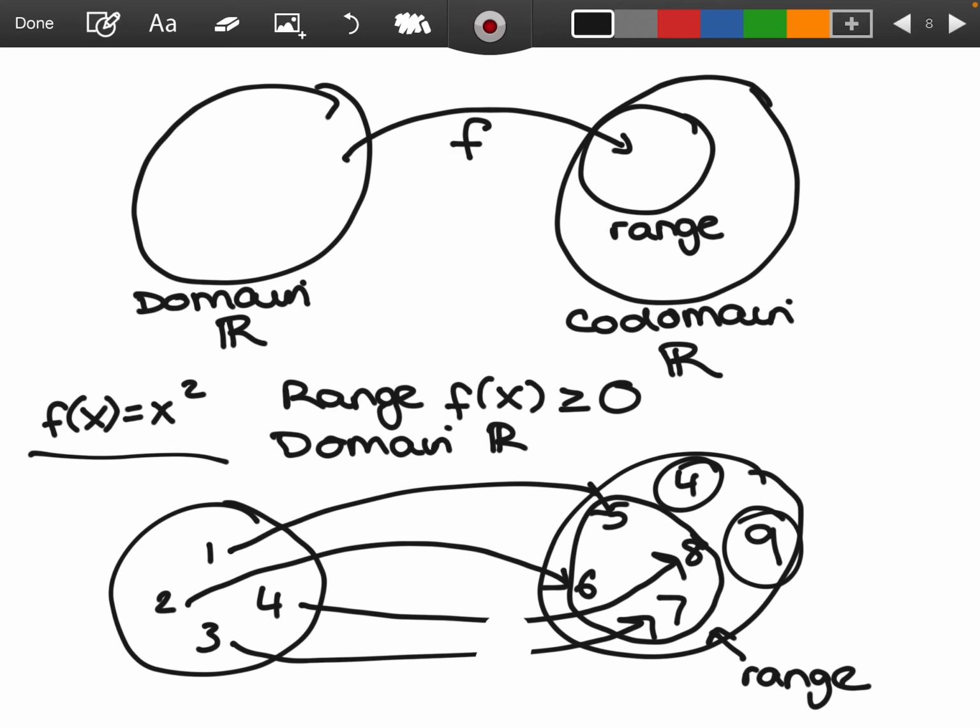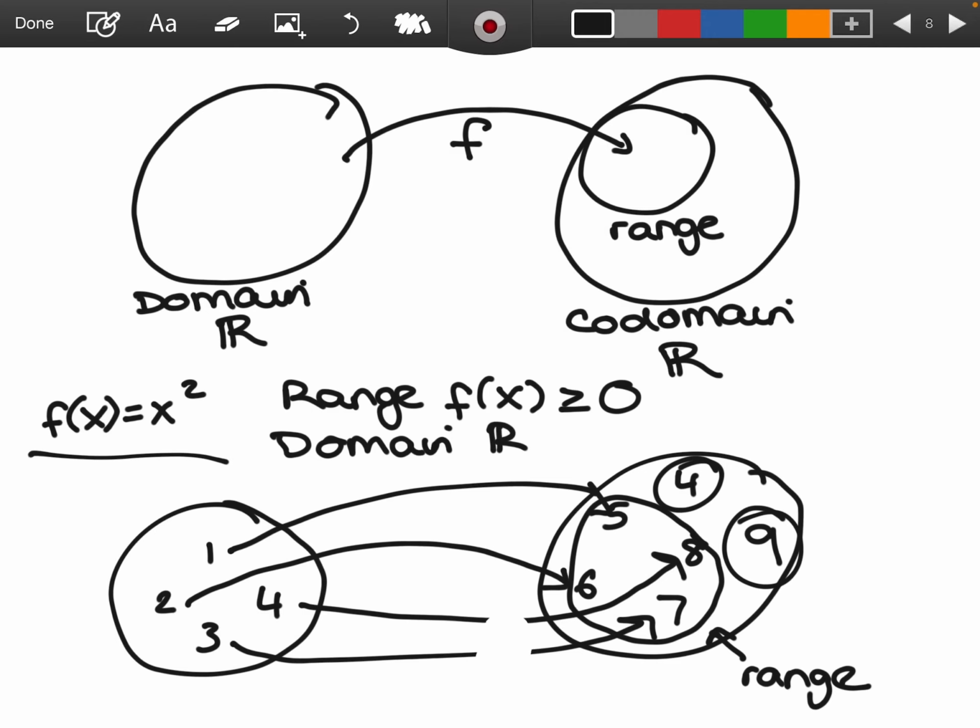Even though my domain is all real numbers, positive or negative, my range is only positive numbers greater than or equal to 0. But my codomain was all real numbers because I'm mapping from the reals to the reals. It just so happens that I end up with this smaller subset of my codomain that actually gets mapped to, and that is my range.